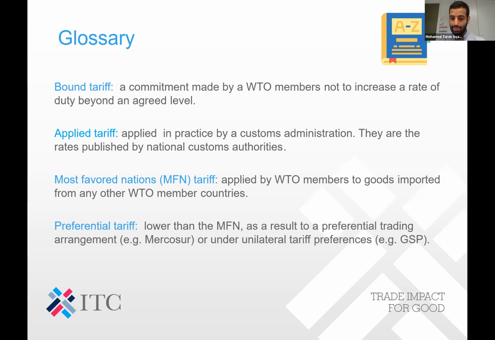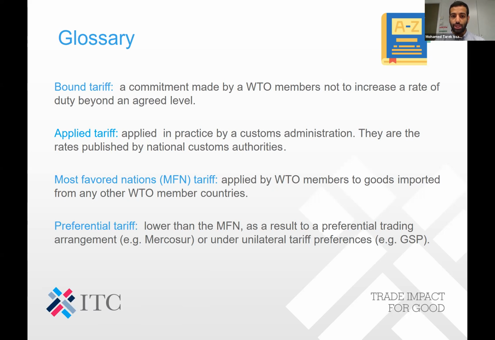Also, you know what we call the generalized scheme of preferences. So a developed country might encourage developing countries to increase their exports. So they can offer them or impose a lower tariff rate. And this is acceptable as well. And in that case, it's going to be below the MFN rate.